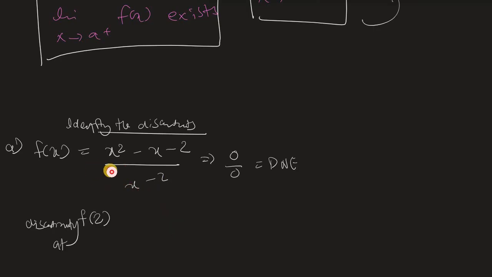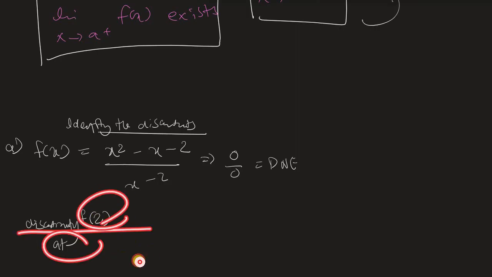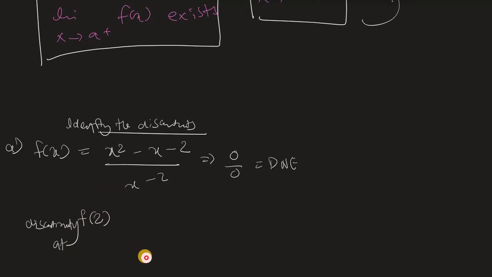If we plug in 2 inside here, we get 0 over 0. Since we got 0 over 0, that means the value does not even exist at the point 2. So we can simply say that discontinuity exists at point 2. We don't even have to check the limit, because we for sure know that there is discontinuity if the value doesn't exist at all.